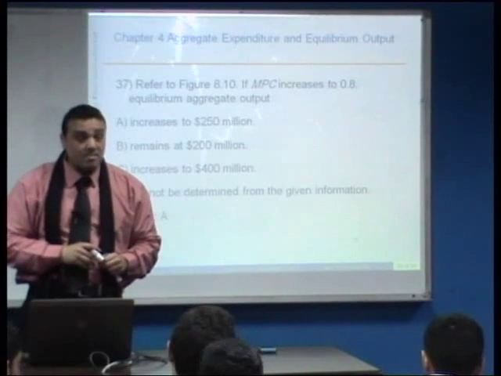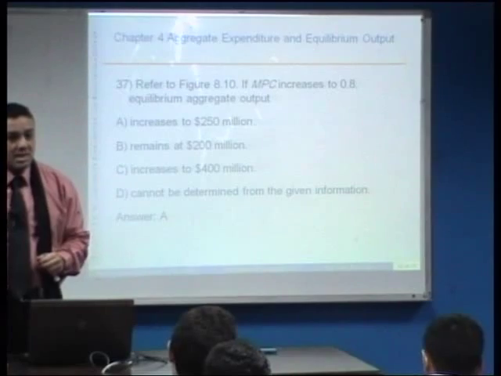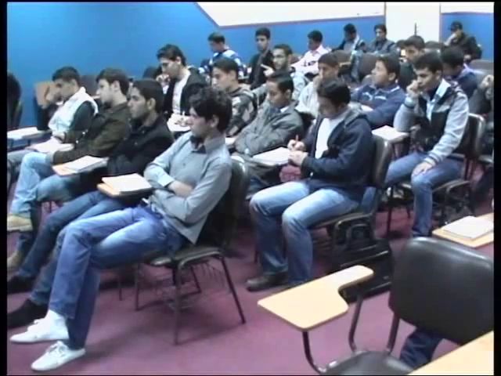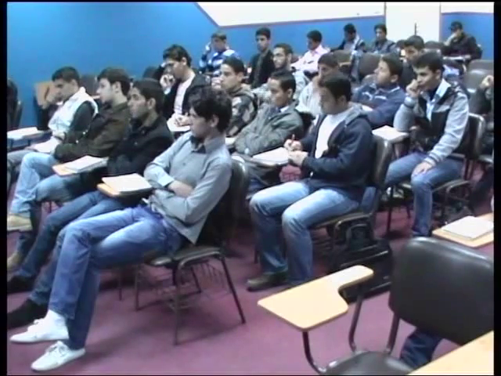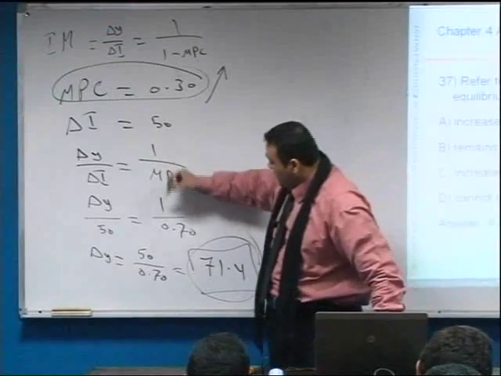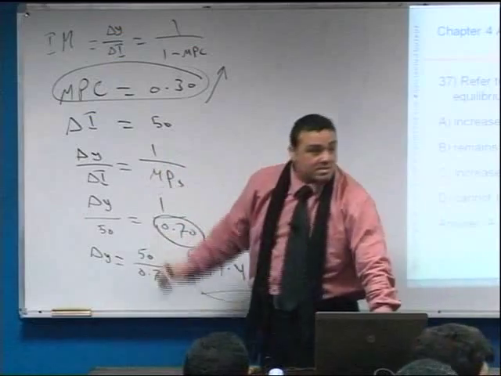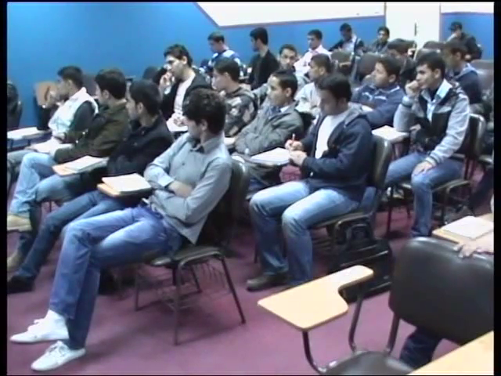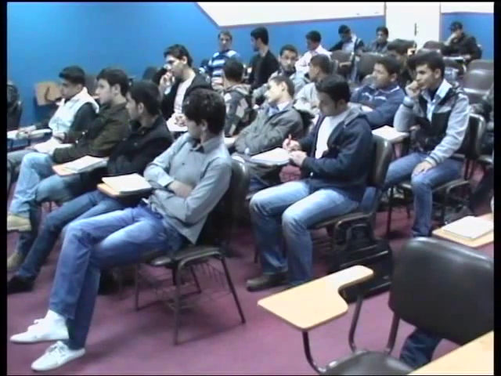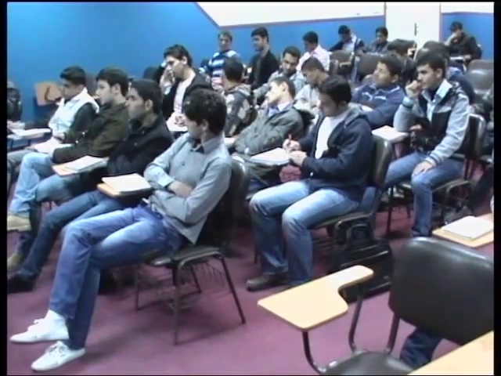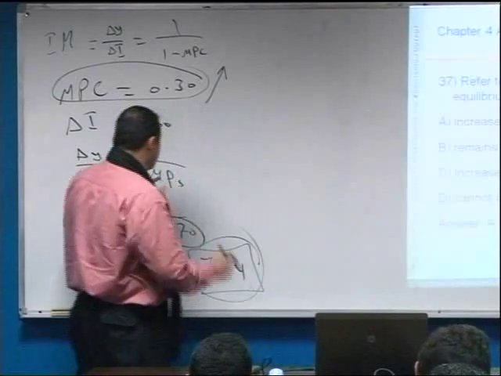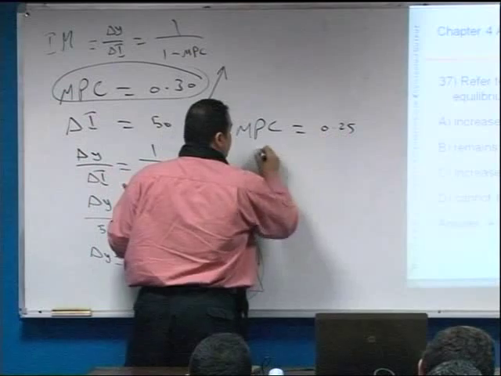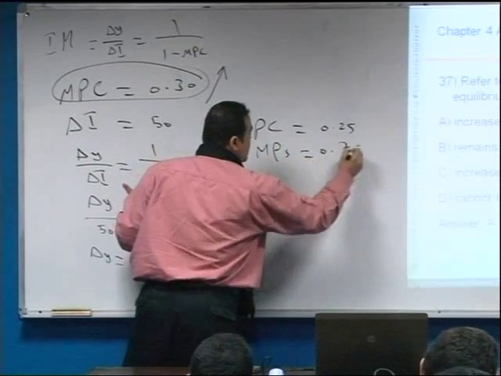The same: 1 minus MPC equals MPS. In the previous case, when MPC was 0.25, MPS was 0.75.